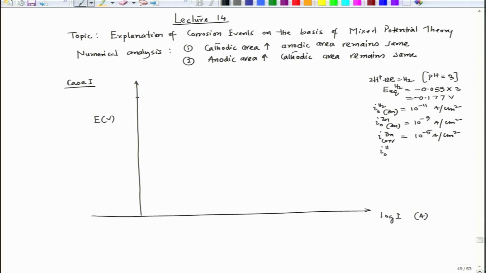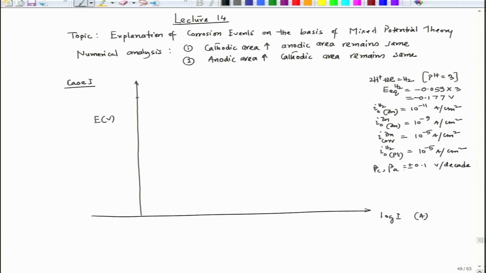Whenever we talk about small i, it is with reference to unit area, 1 centimeter square. Then I0 hydrogen on platinum equals 10 to the power minus 5 ampere per centimeter square. Beta A equals 0.1, as well as beta C. The only thing is their signs will change: in case of beta C there will be minus, and in case of beta A there will be plus. So I am writing plus minus 0.1 volt for a decade of current density.